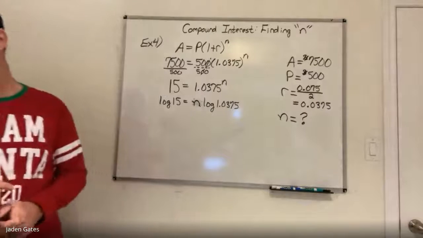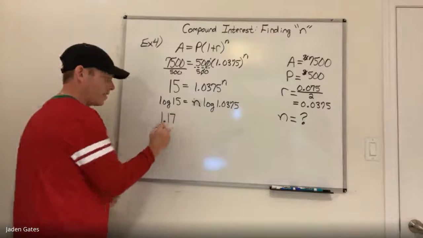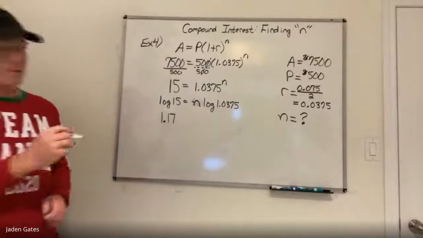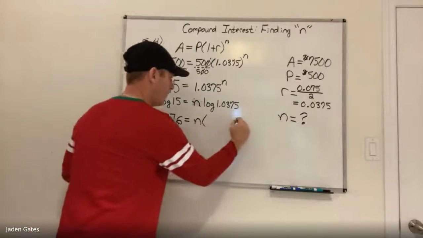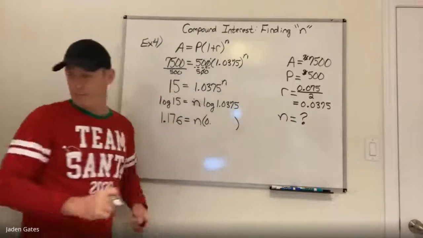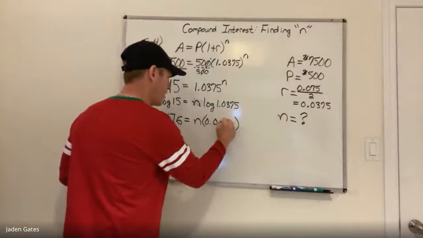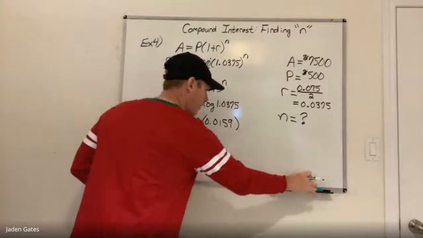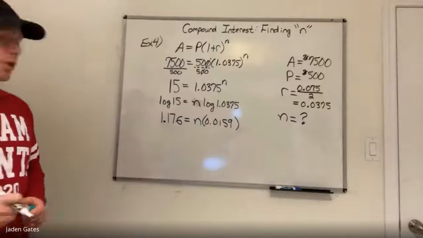So the log of 15 is 1.176. All right. And then again, I'm going to take the log of that very small number, so I know it's going to be 0 point something. And it's 0.0159. All right. Again, I'm going to have to divide by my numerical coefficient here.